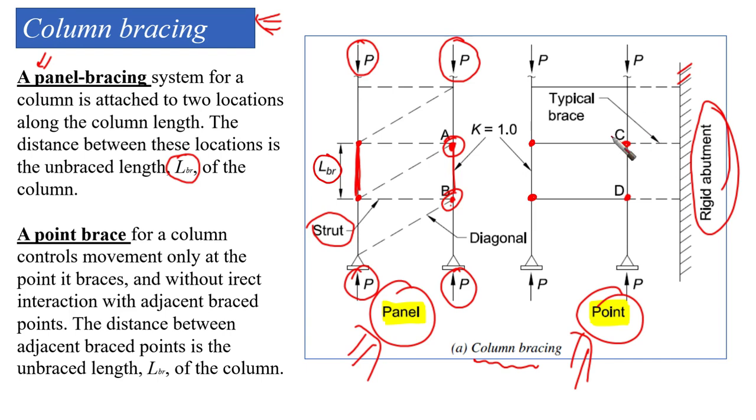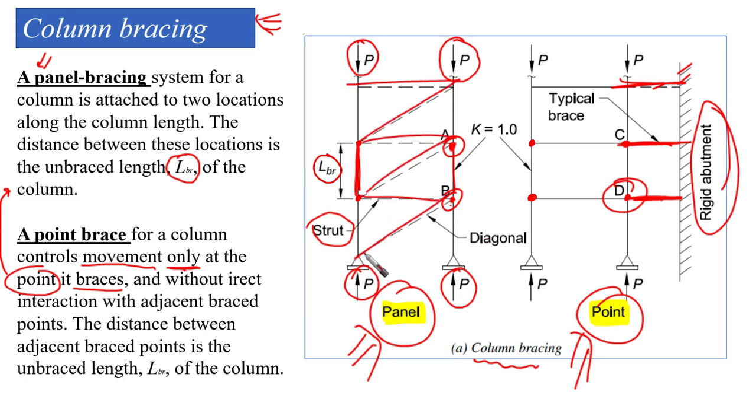So this is an external part. A point brace for a column controls movement only at the point it braces. That's the difference from panel bracing. This point is going to control this point only, this point controls here, and so on. However, for the relative brace, we provide it for all the points.